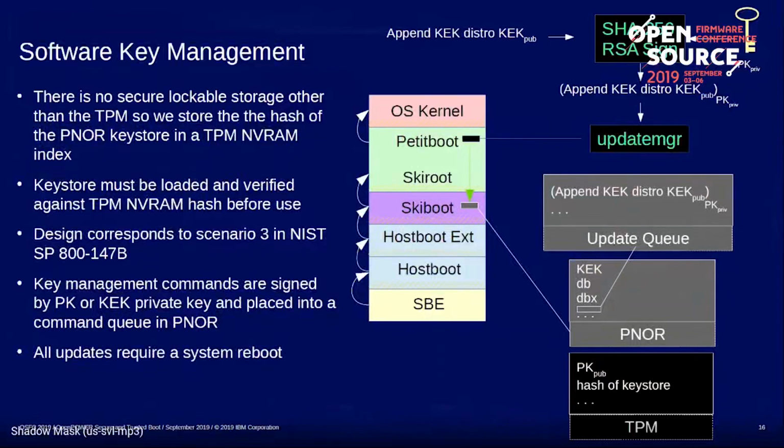Hopefully, in the next iteration, we'll have reliably lockable flash, and we can just store our secrets in there and not have to recheck them against this hash. So it's not ideal, because once again, it wasn't designed with secure boot in mind. You really do want to think about security holistically, and I can tell you that we are thinking about security more holistically now.